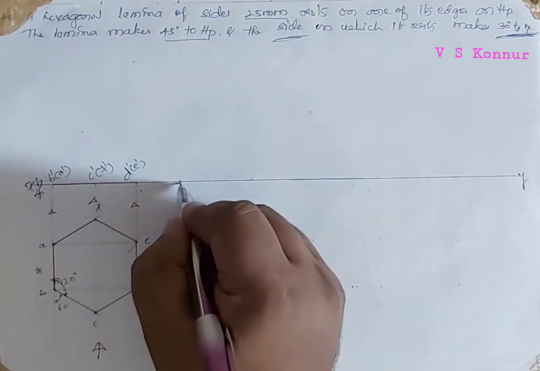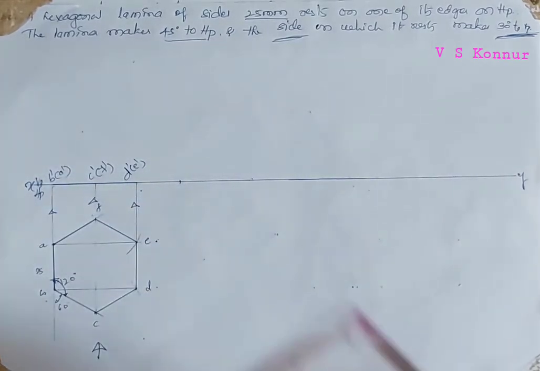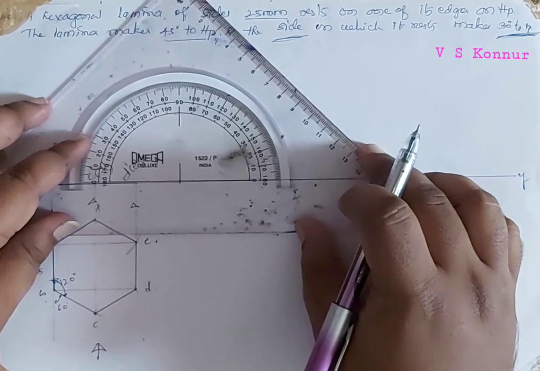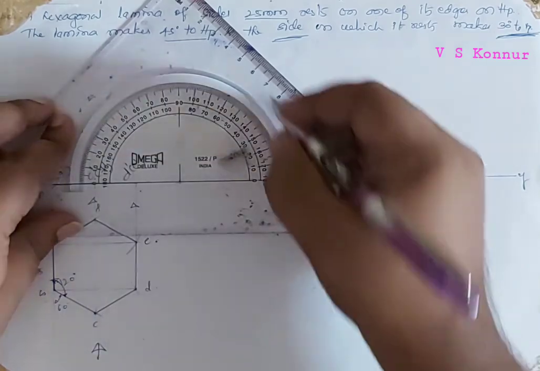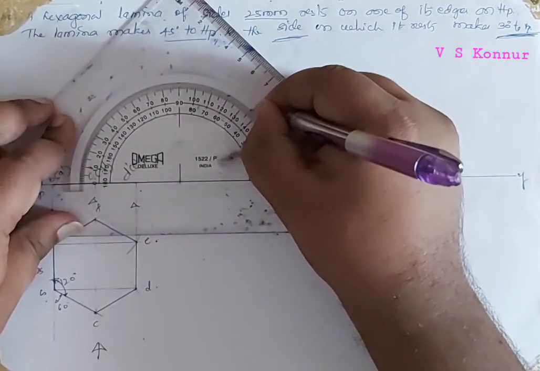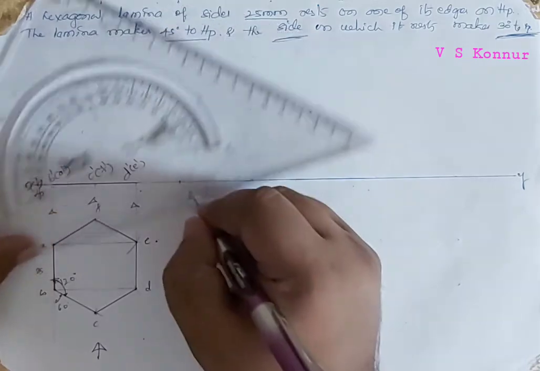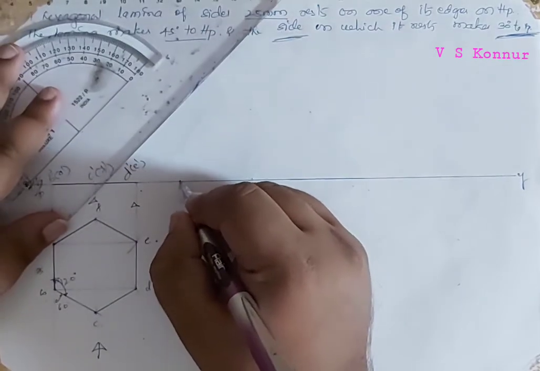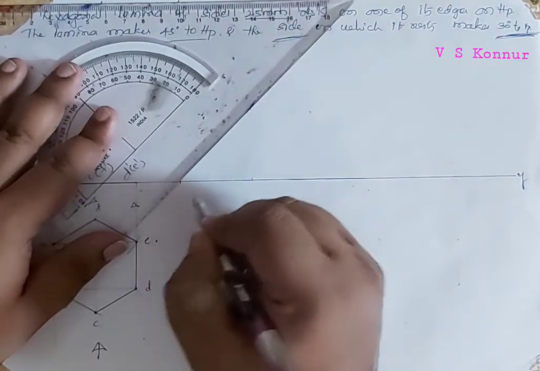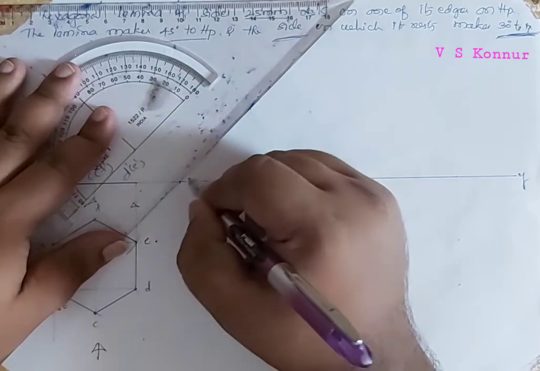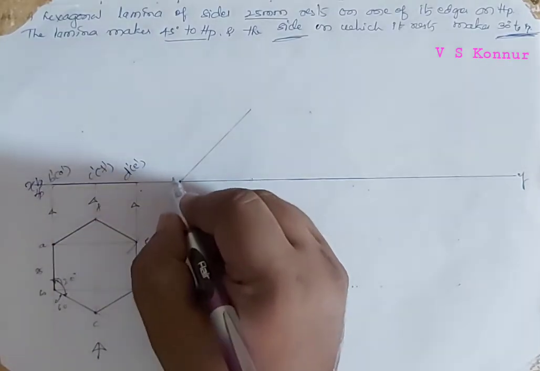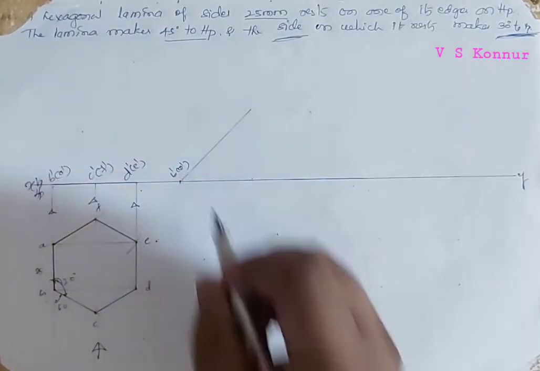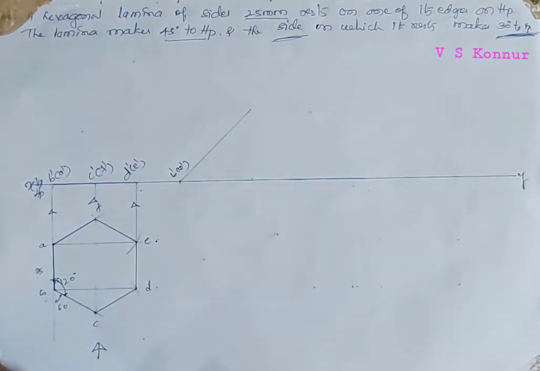We'll mark a point here and take 45 degrees from this point, and join these two points with a thin line. This point is called B dash, A dash, and the other points you have to cut by taking the distances.